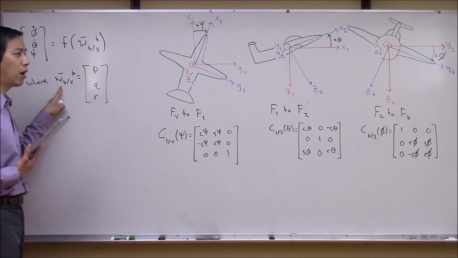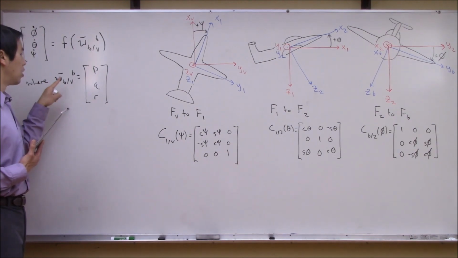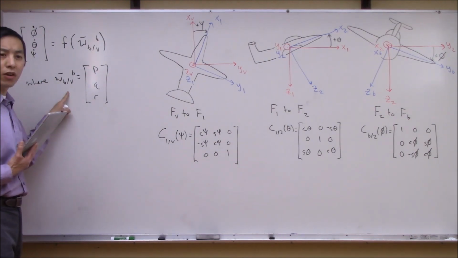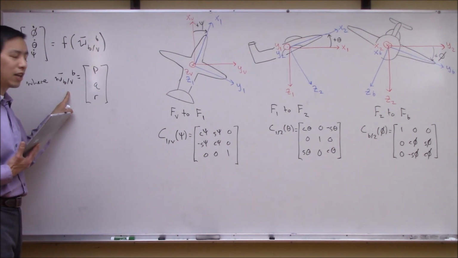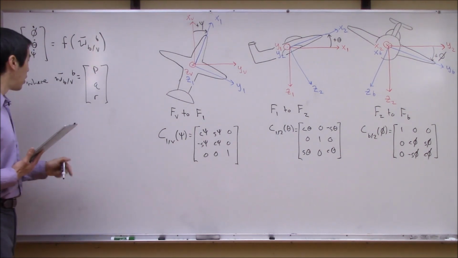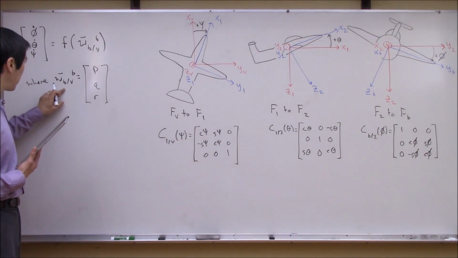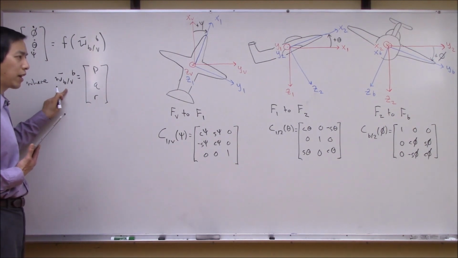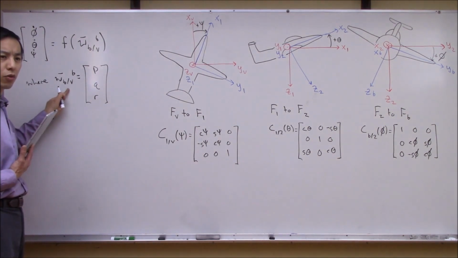I need to understand how the body frame is rotating with respect to the vehicle carried northeast down frame at any instant in time. This is the angular velocity vector of the body frame with respect to the northeast down frame.